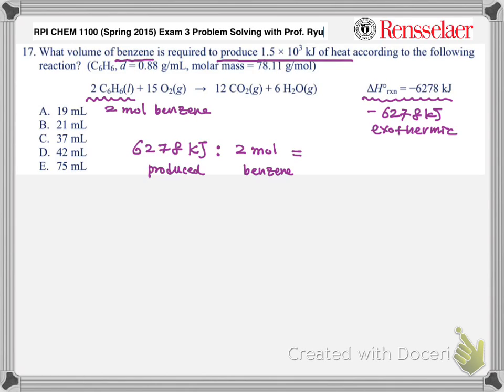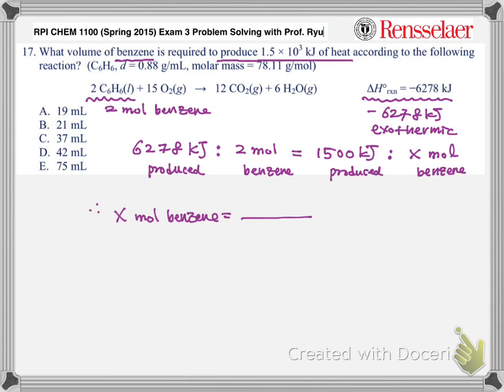So then I'm asking that we are having 1500 kilojoule being produced, and that should be coming from X moles of benzene, right? So therefore this should be corresponding to the X mole of benzene, which should be 1500 over 6278 times 2. So that's a moles of benzene.